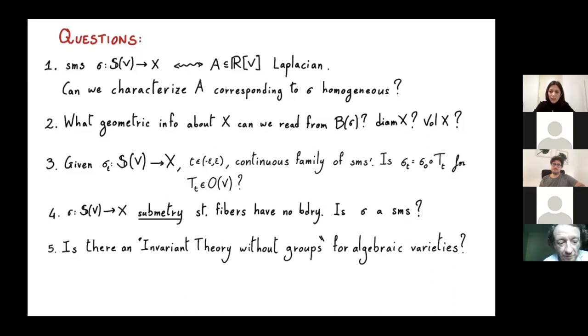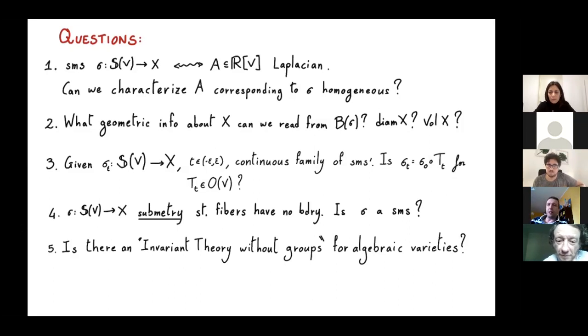Is there any other question? Yes, I have one. Marco, concerning your second question, suppose gamma is finite and acting freely on the sphere, to be in the safe zone.